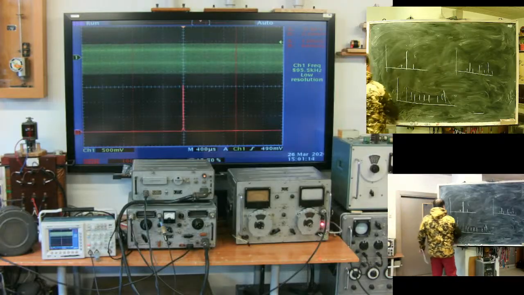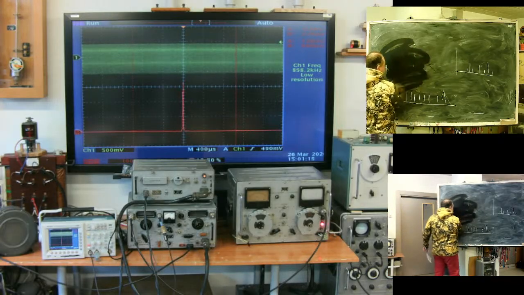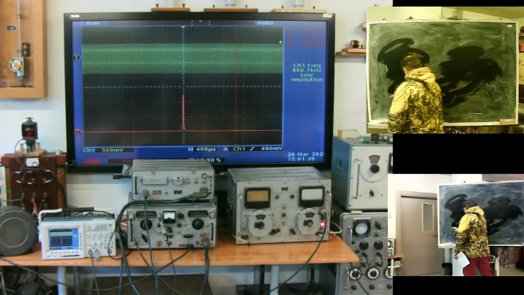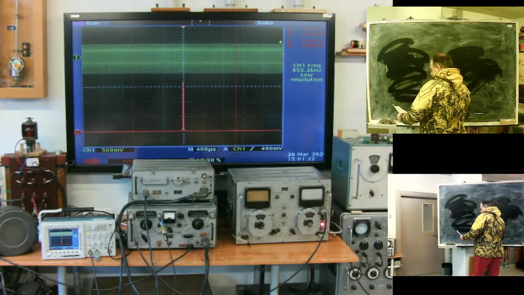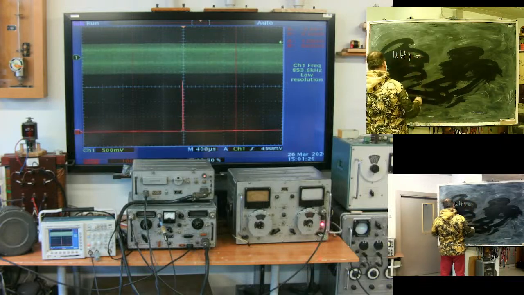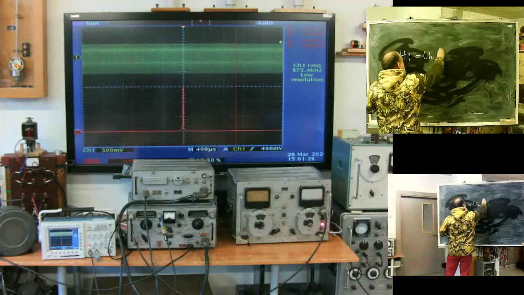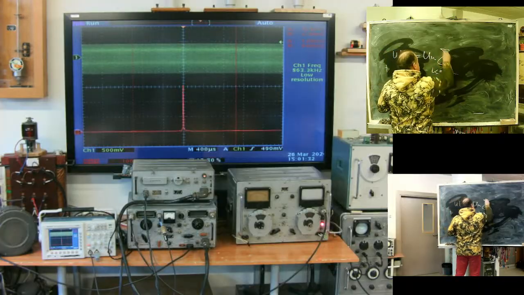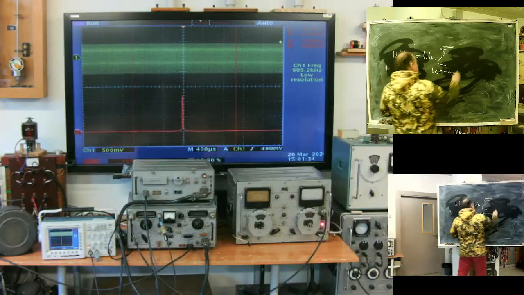Math model for this. Sum, it goes from minus infinity to infinity.